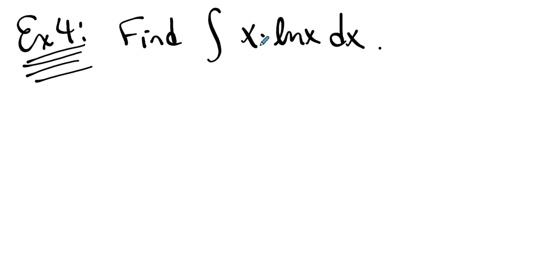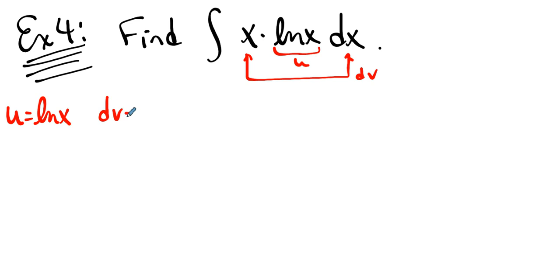So what I'm going to do in this case is let this be u, and let the rest of it be dv. As long as the product of u and dv is everything you see, we can break this up however we like.